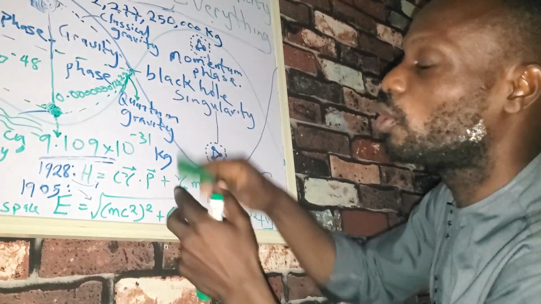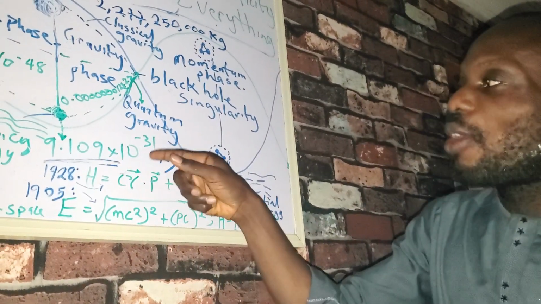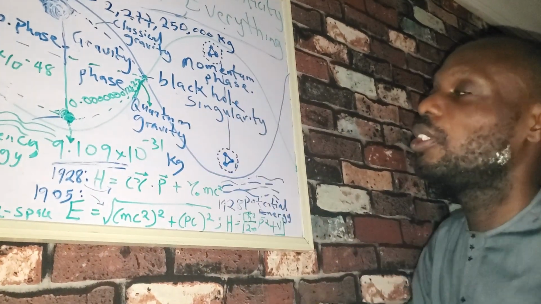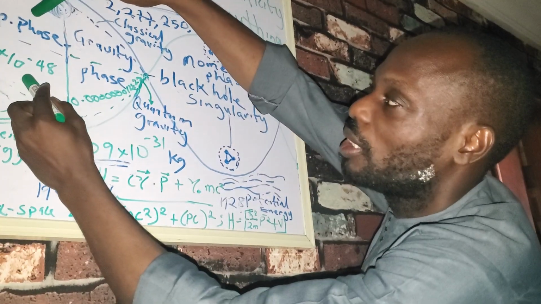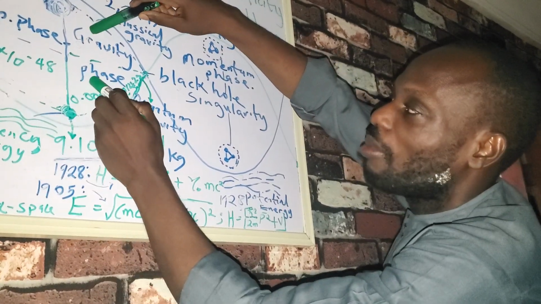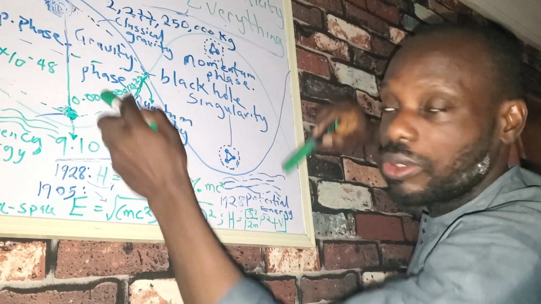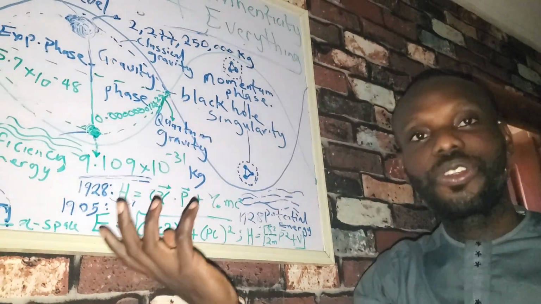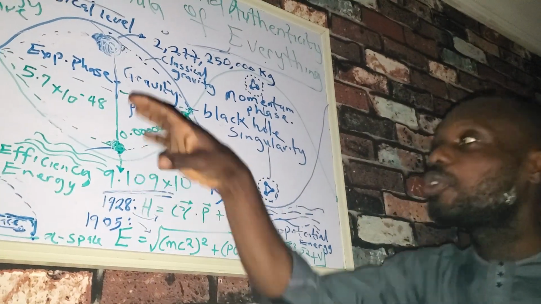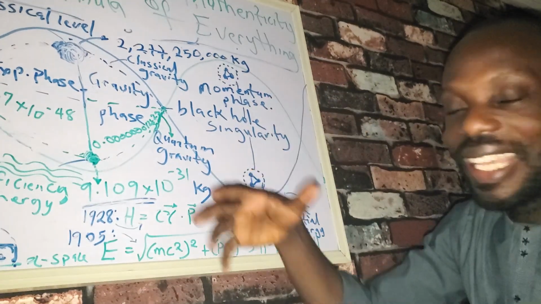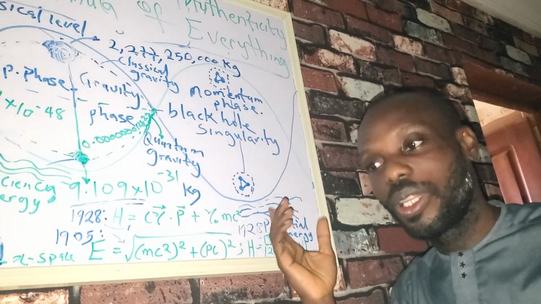Then another thing you need to know, because I will have to relate this to nuclear fusion and nuclear fission. Now, this phase can be likened to nuclear fusion, while this phase can be likened to nuclear fission. Nuclear fusion is the merging of, for example, deuterium and tritium to form bigger mass, while nuclear fission is the decaying of mass into singularity.